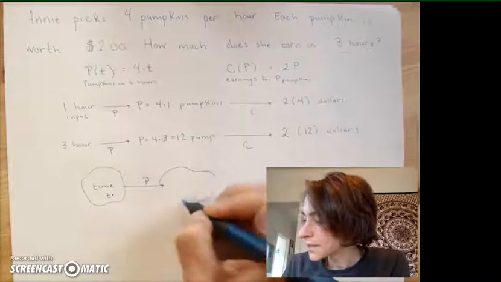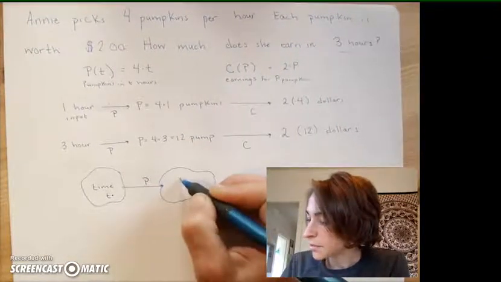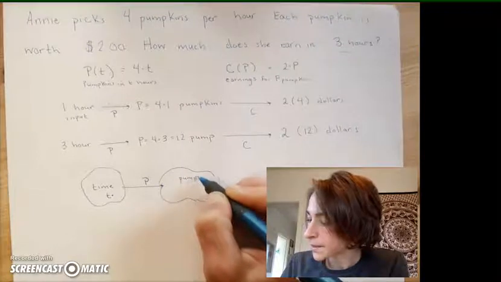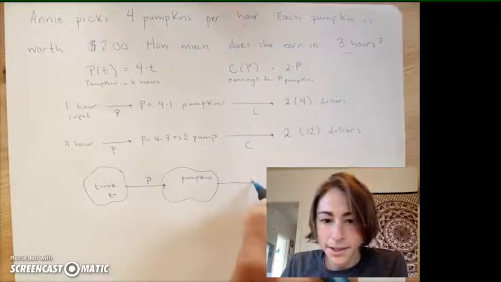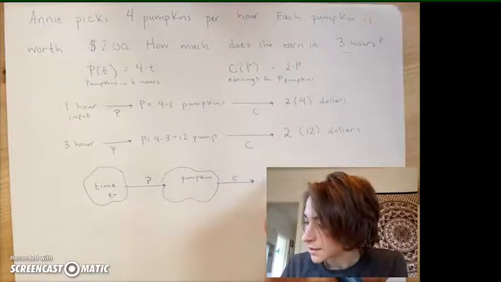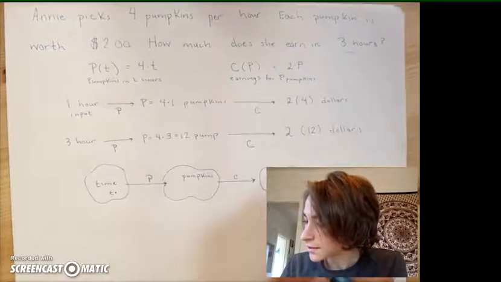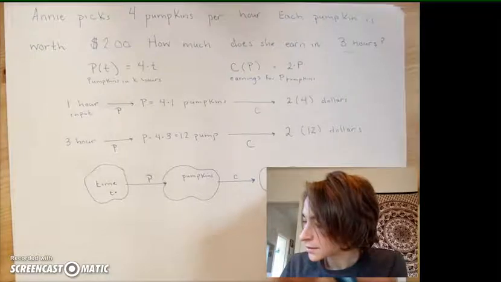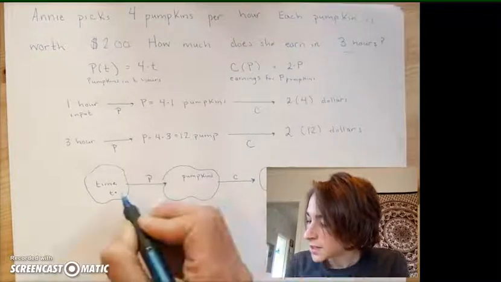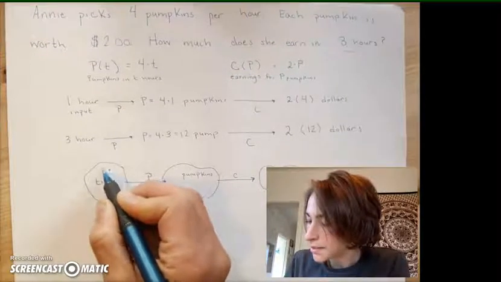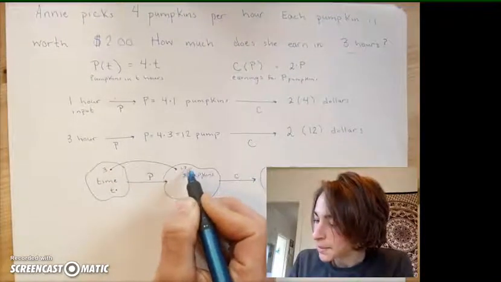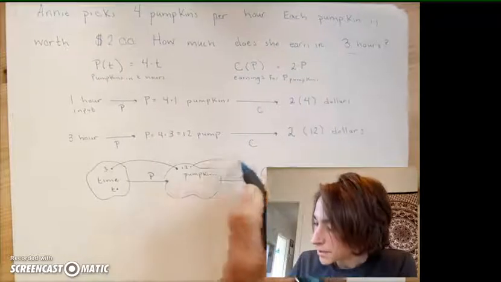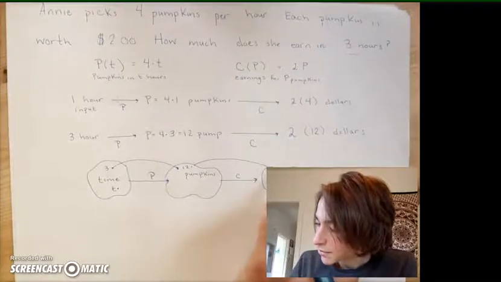And that puts us in a set, which is the number of pumpkins. And once we know the number of pumpkins, we can plug that into the cost function to get the total earnings. So we see that when we plugged in t for time, that went to 12 pumpkins, and 12 pumpkins went to $24.